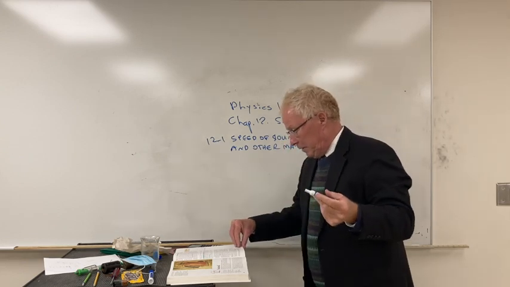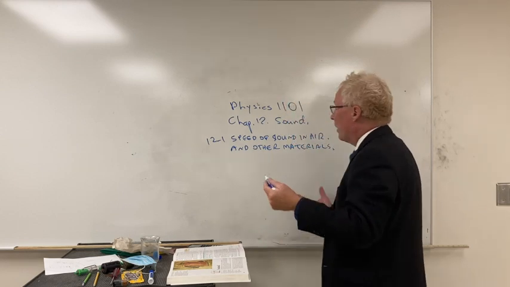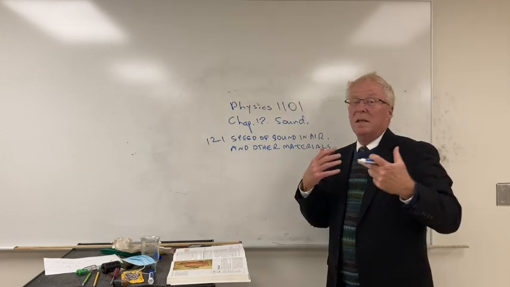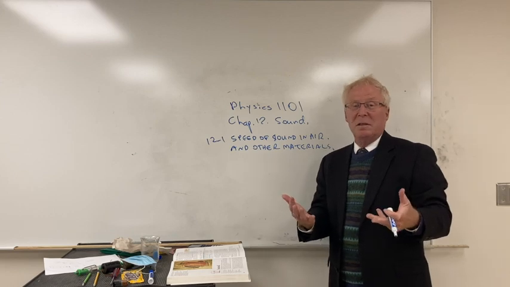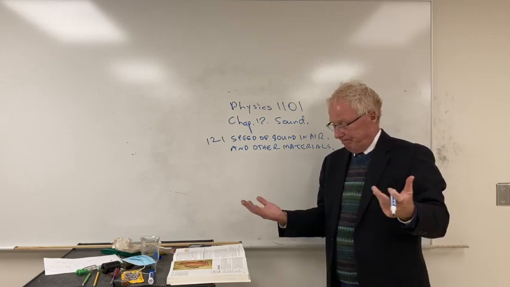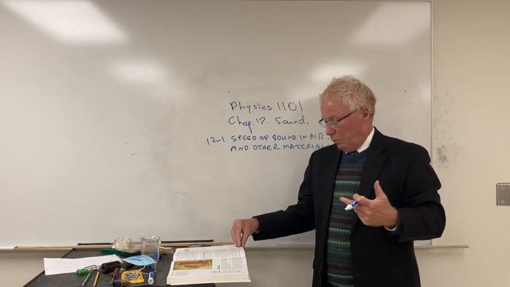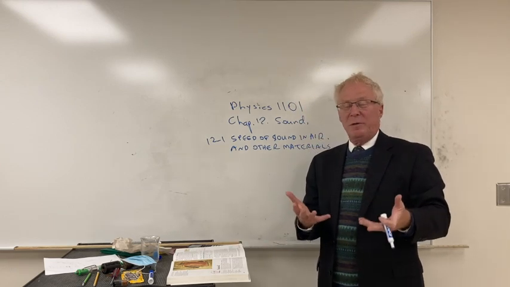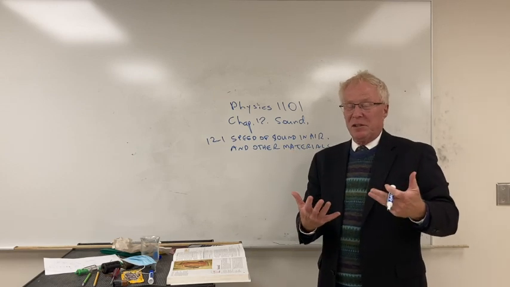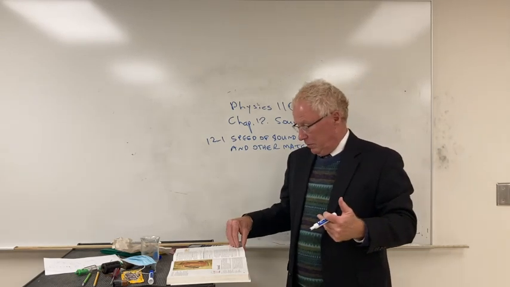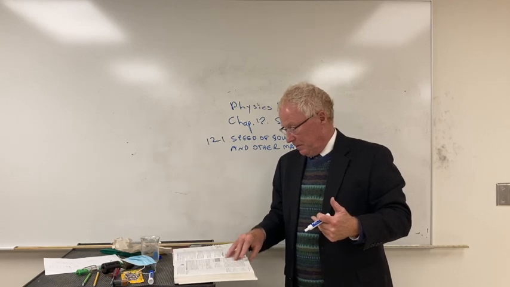All right, so that's basic with that. Other characteristics of loudness, pitch, that we normally associate with sound. So what do they mean? Loudness has to do with amplitude. Pitch has to do with frequency. So that's basically it there.